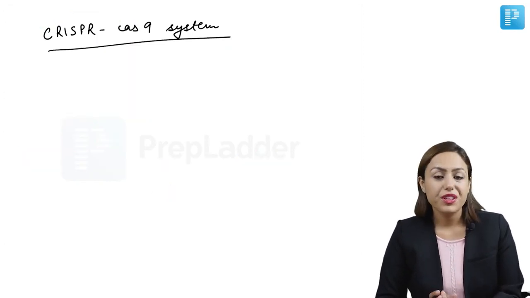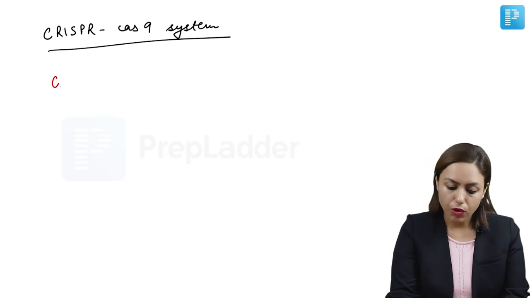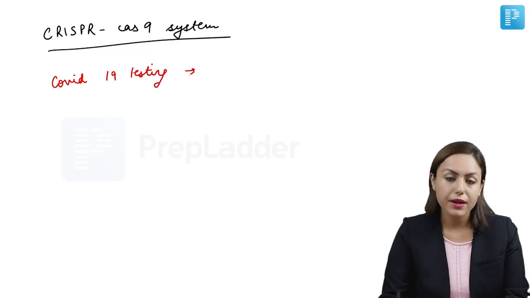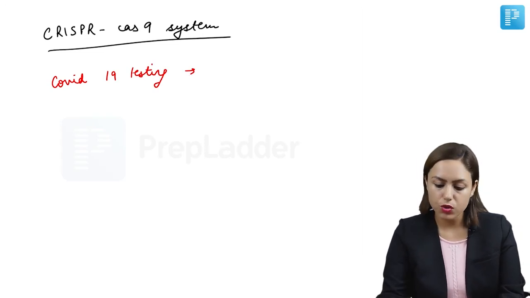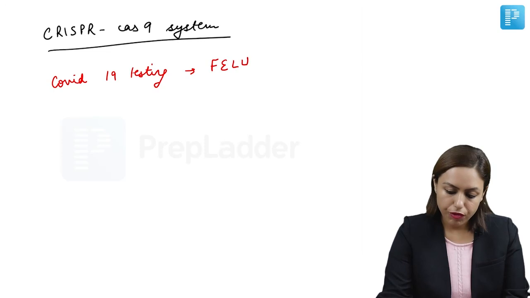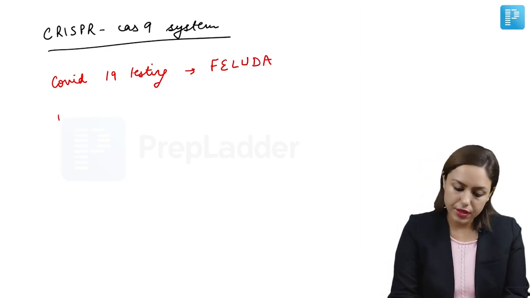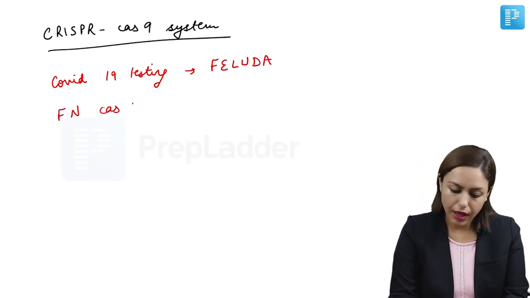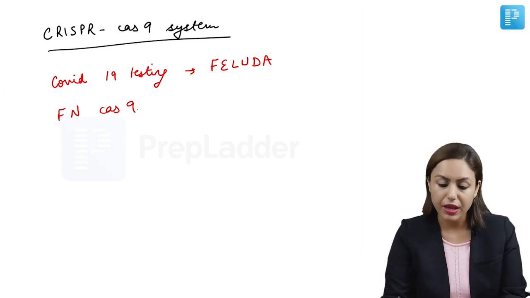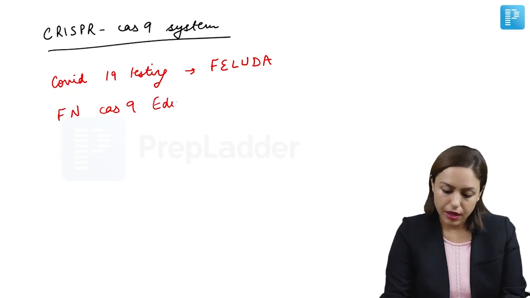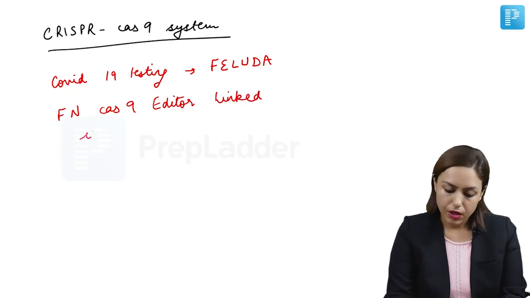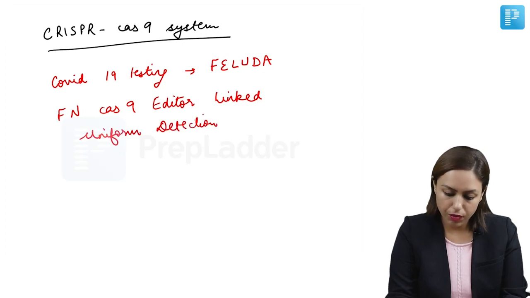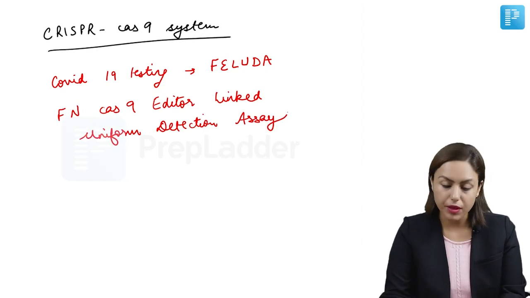For example, we recently used this system for COVID-19 testing, and the CRISPR COVID-19 test was given the name Feluda. Feluda full form is FN-Cas9 editor-linked uniform detection assay, right?